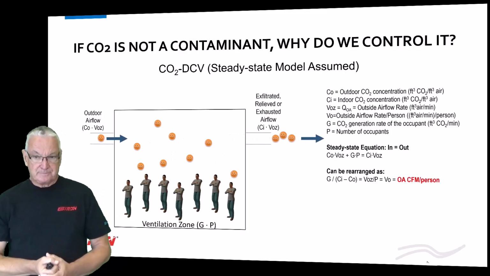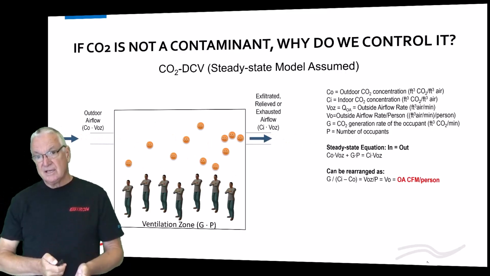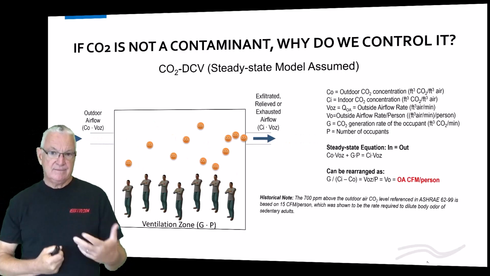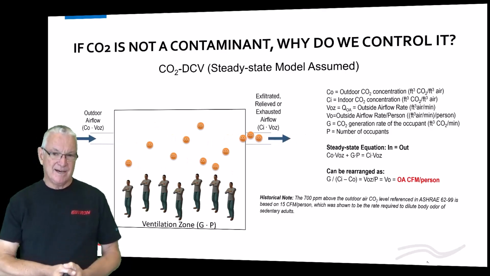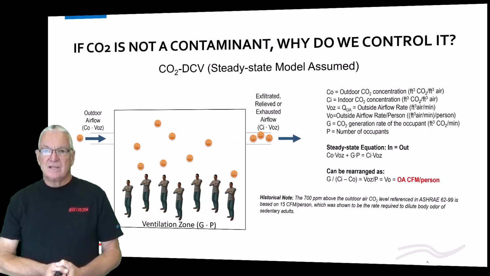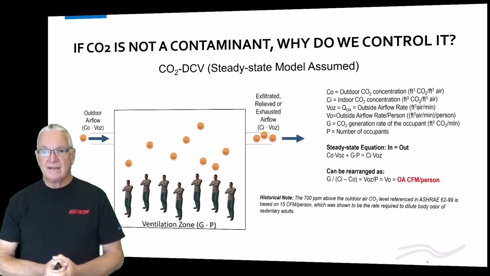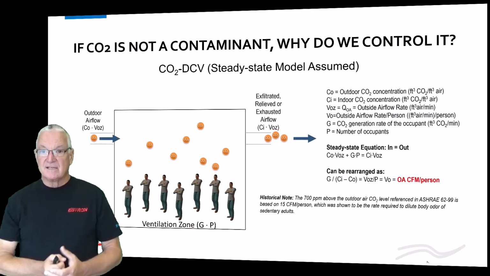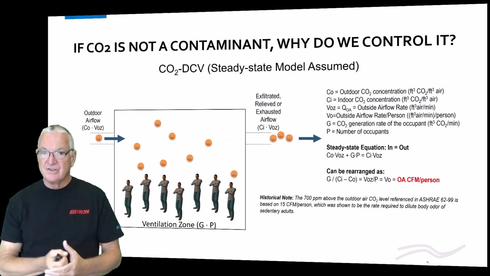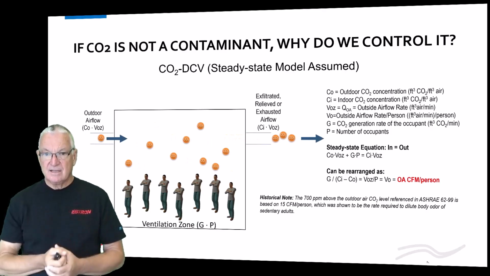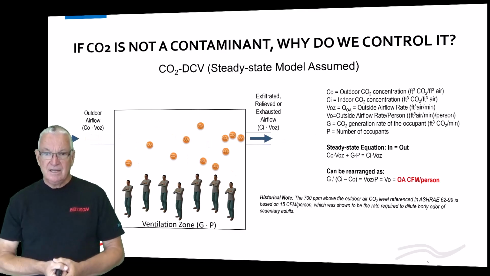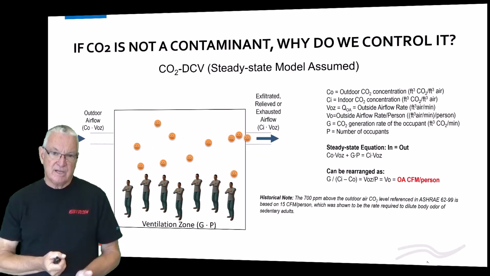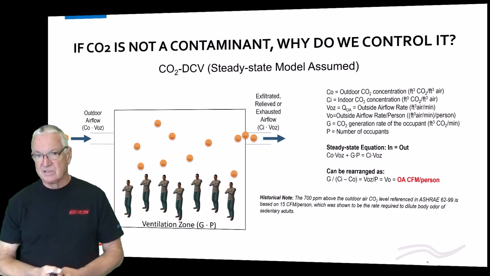So when you take a look at this, you can now understand, and I realize this is pretty small print if you're looking at this on a laptop, that the 700 parts per million that we talked about is basically, if you do this calculation using the CO2 production rate for sedentary or seated adults, roughly 15 CFM per person.